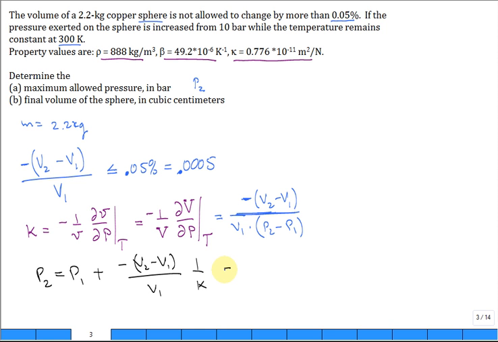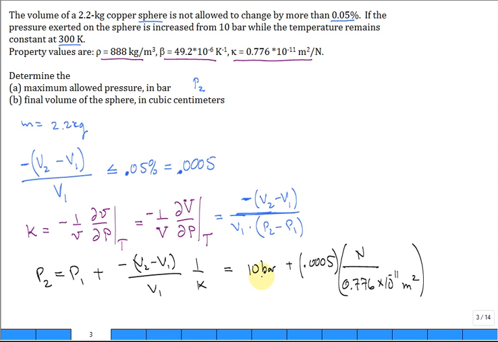Substituting numbers, so we start at 10 bar, and we have this minus V2 over V1 minus 1. Well, that's our limit. We don't want the volume to change by more than 0.05%. And then we divide by the parameter for the isothermal compressibility, which is 0.776 times 10 to the minus 11 meters squared per Newton.